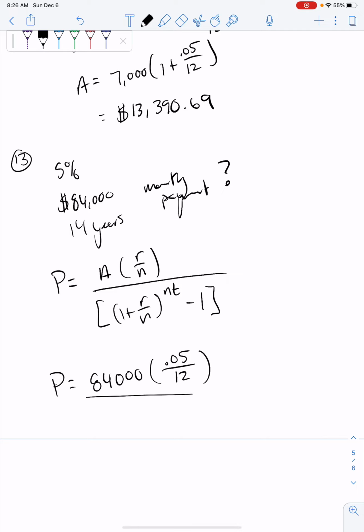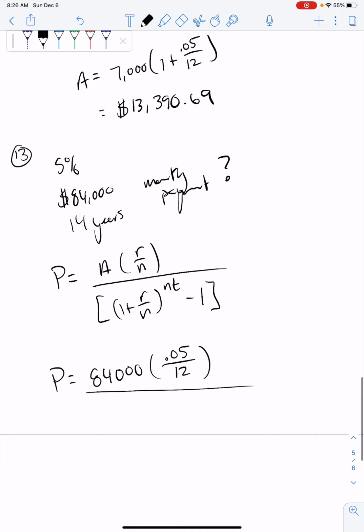And then big fraction bar, and on the bottom I've got 1 plus my rate, 0.05 over my payments, 12, raised to the 12 times the number of years. Remember, T is the number of years, so 14, and then I'm going to minus 1.